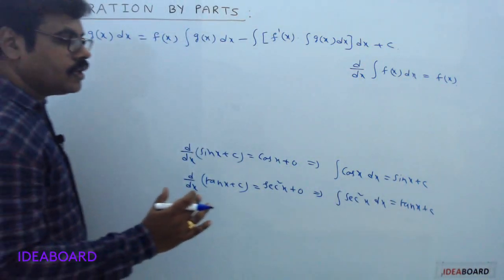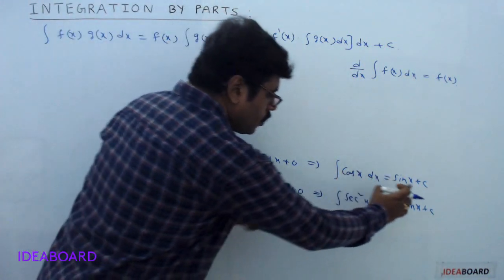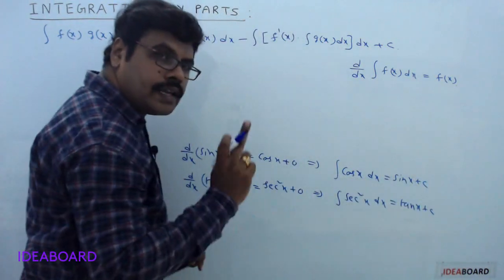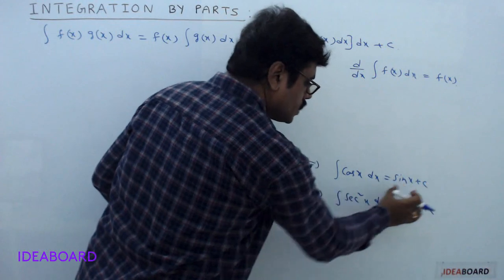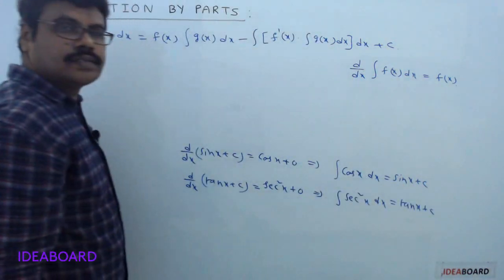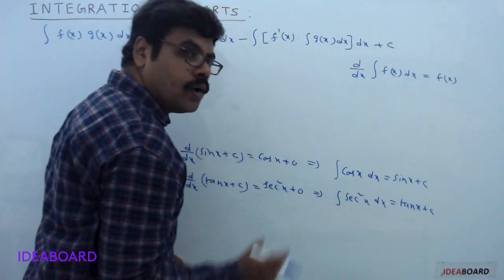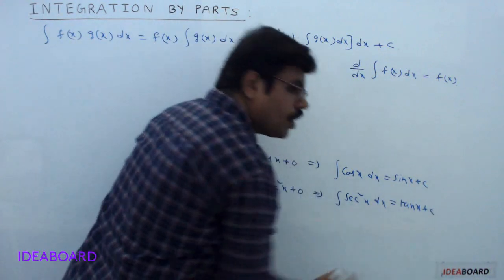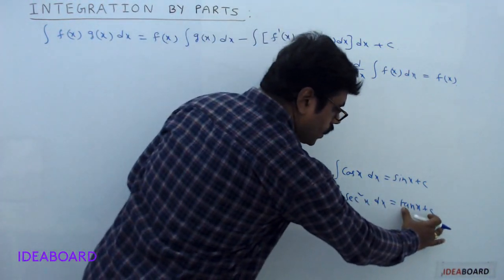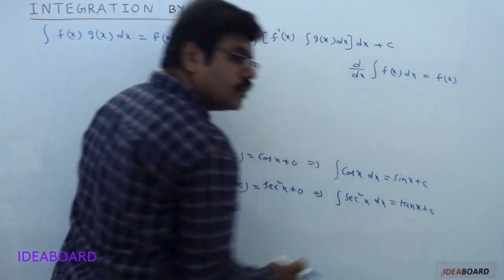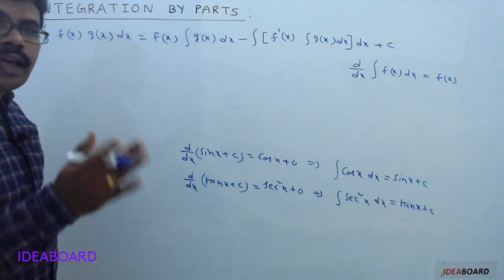Now see carefully. To prove this formula, it is enough to prove derivative of sin x plus c equals cos x. Here, to prove this formula, it is enough to prove derivative of tan x plus c equals secant square x.